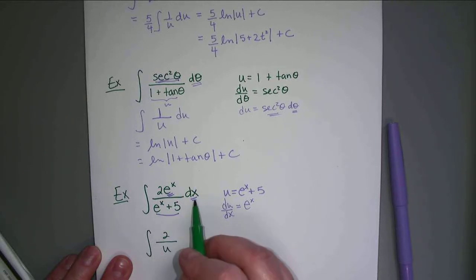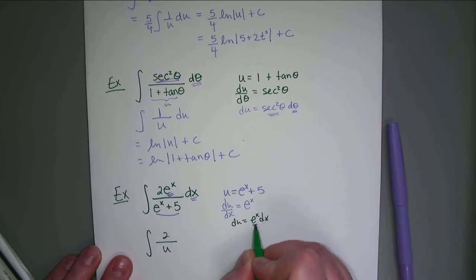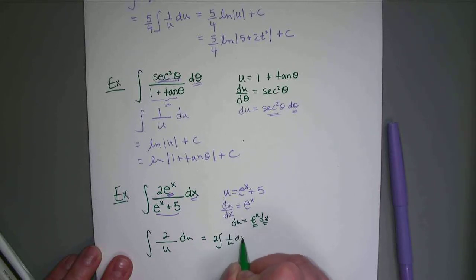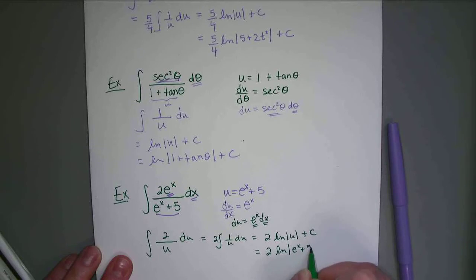Drop the e to the x and the dx off, and in their place we just have du. So 2 ln u plus c. Put the u back in from up here, and we've got the answer.